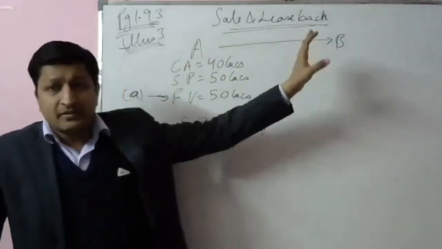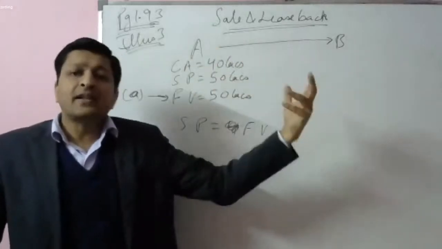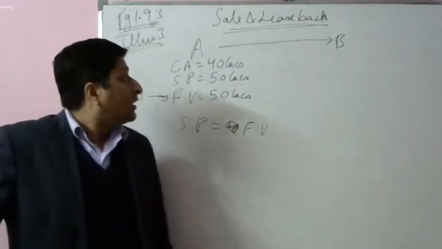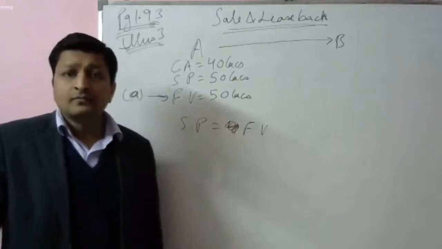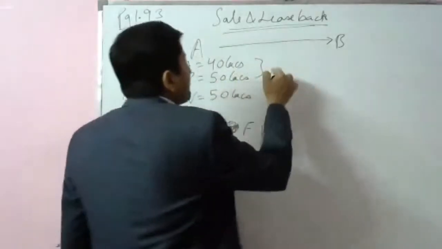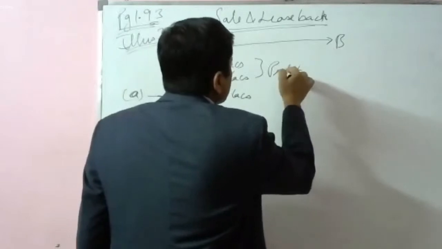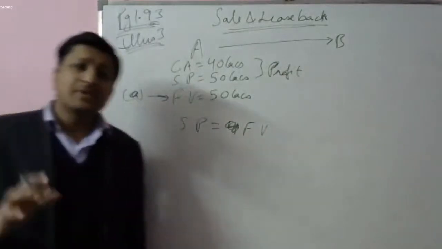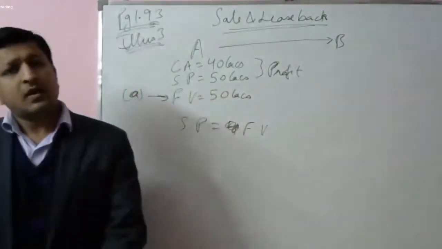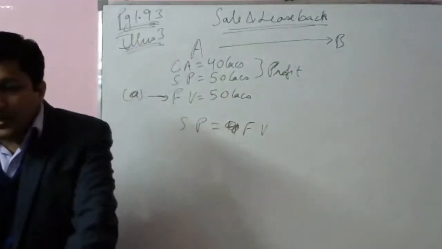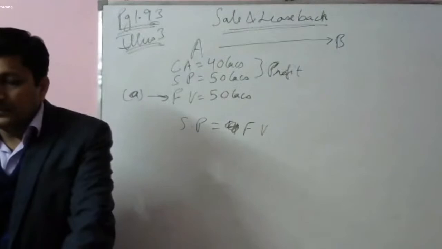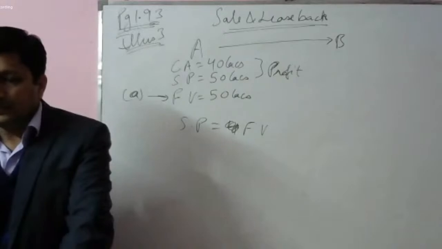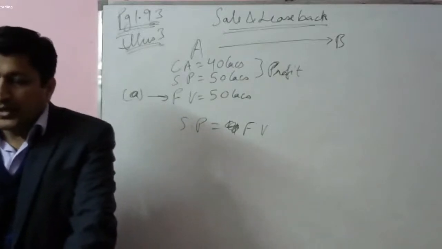It's not the accounting of B. No, it's the one for seller. A should immediately recognize the profit. So there's a profit right now. What's the profit? This is the profit. So this profit of 10 lakh will be immediately recognized by A. Clear? Simple and easy to understand. First one. Clear? Okay, great.